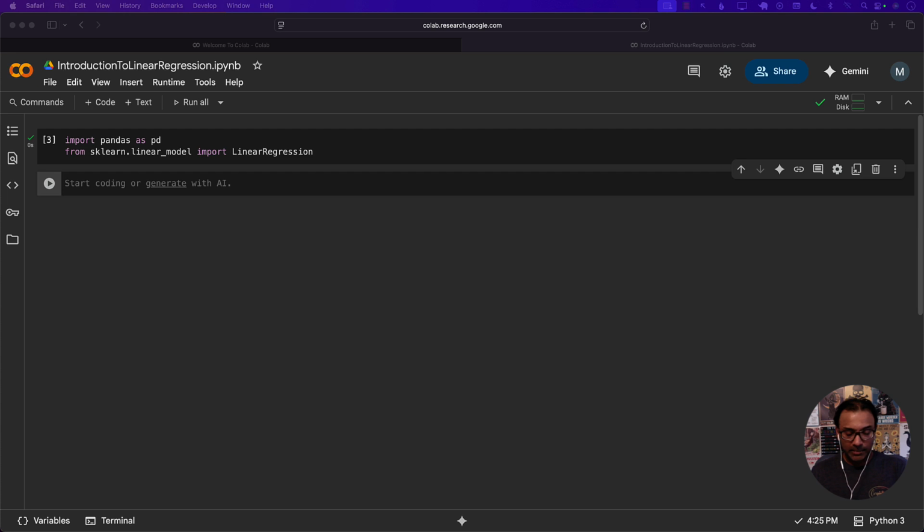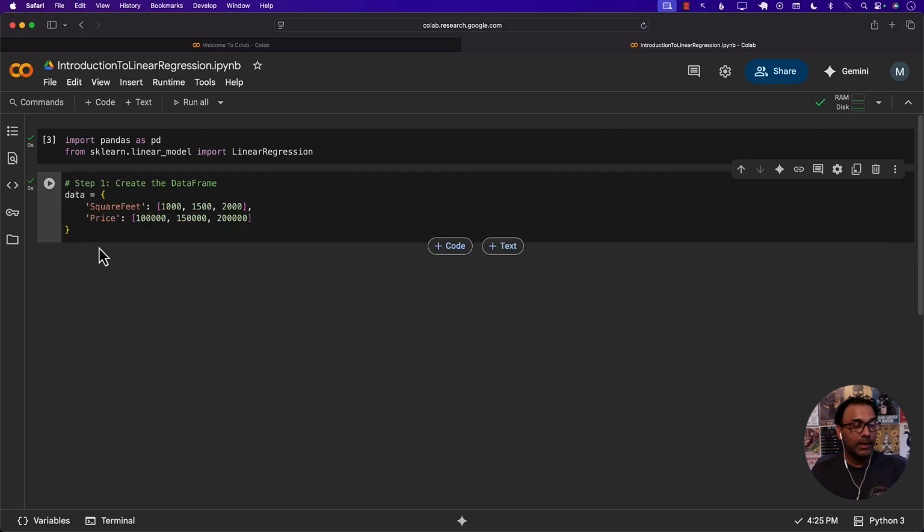What about the data? Well, let's start with the very simplest form of data. It's simply a dictionary that has a key called square feet, and it has three values: 1,000 square feet, 1,500 square feet, and 2,000 square feet. And then it has the price key, which has 100,000, 150,000, and 200,000.